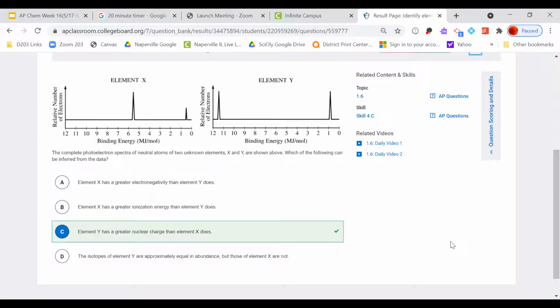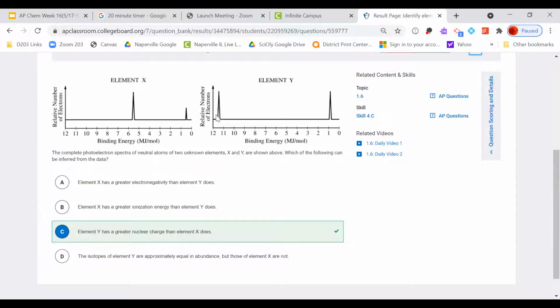Oh, I see. Okay, so this was the PES thing we were talking about last time. It's called the photoelectron spectrum. It has to do with the binding energies of the electrons being held in by the protons. Element X on the left versus element Y on the right: you will see that one of element Y's peaks is between 11 and 12.